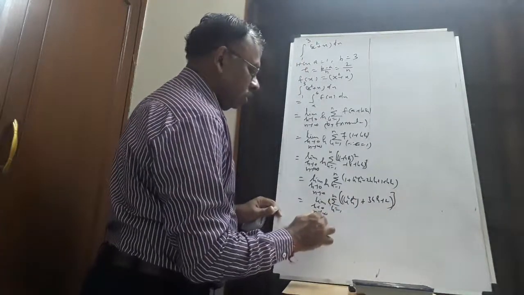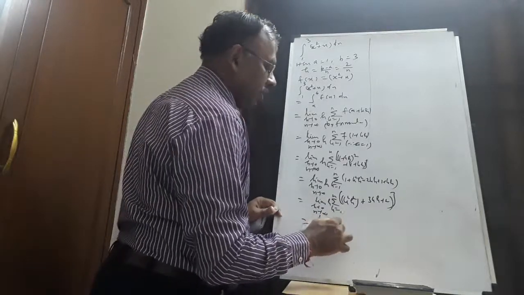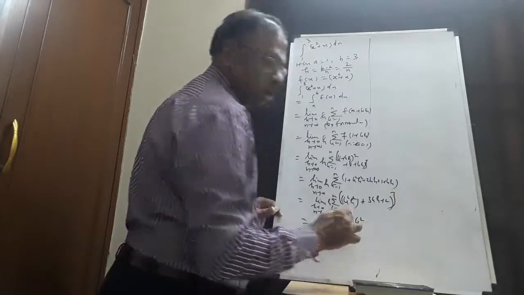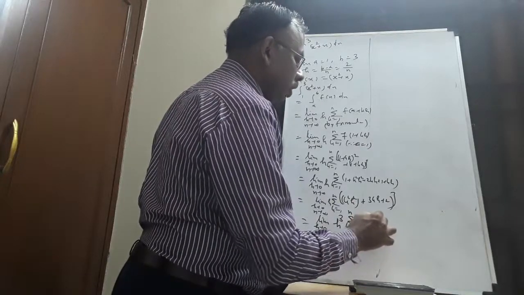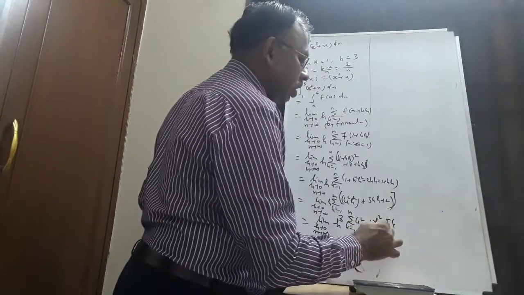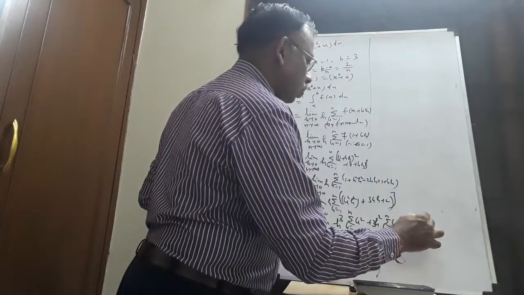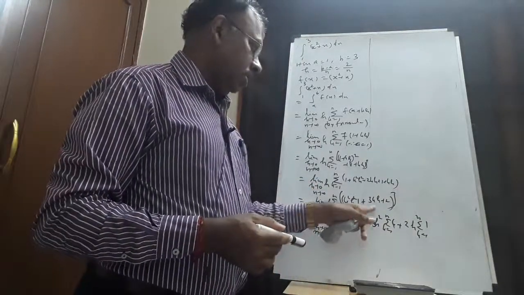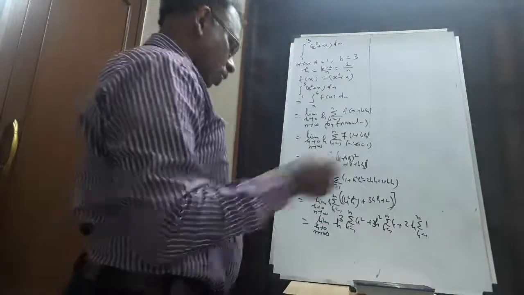Now, this is reduced to limit h tends to 0, n tends to infinity of h cube into sigma k square, k equal to 1 to n, plus 3h square into sigma k, k equal to 1 to n, plus 2h into sigma 1, k equal to 1 to n. I think I am right: h cube into sigma k square plus 3h square into sigma k plus 2h into sigma 1.